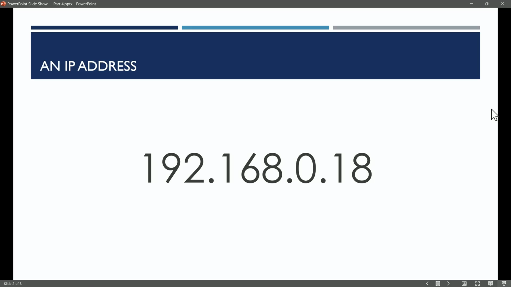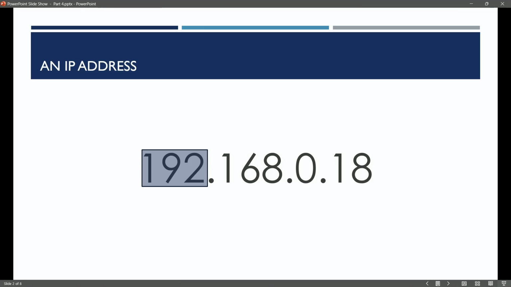So let's go ahead and take a look at the IP address that we originally saw on my laptop. It was 192.168.0.18, and let's see how easy it would be to convert the 192, that decimal representation, into binary. What's interesting about picking this example is that we already got a really big hint.